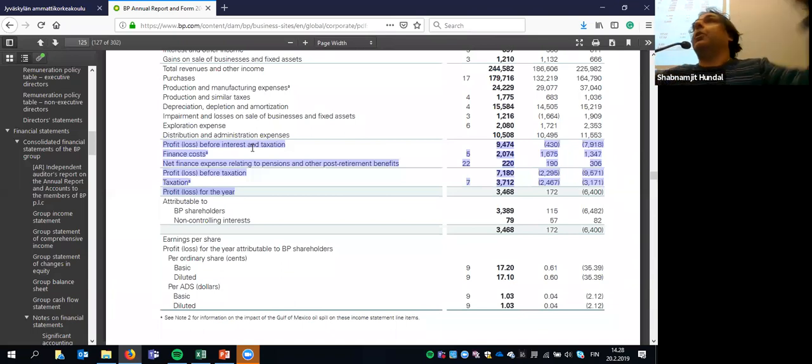Now imagine you borrow more. When you borrow more, you pay more interest. And when you pay more interest, profit will go down. Profit after tax, PAT, will go down. When it goes down, you pay less money to the taxman. So it means that basically the interest expenses are subsidized by the taxman.